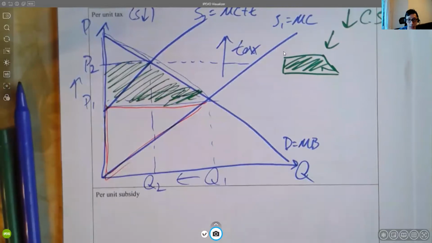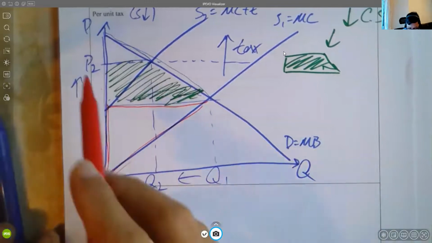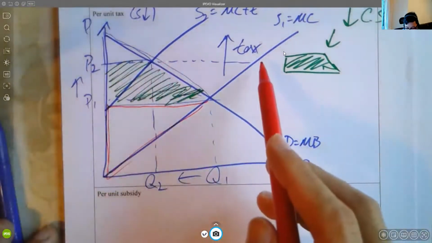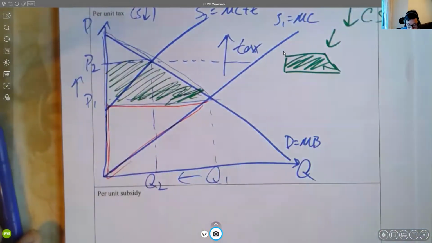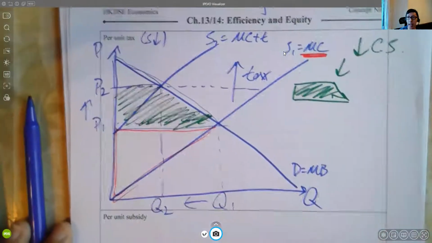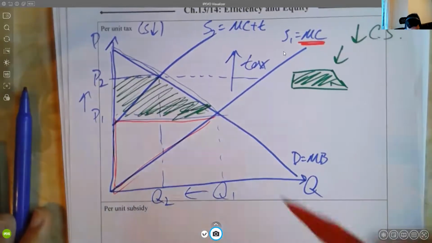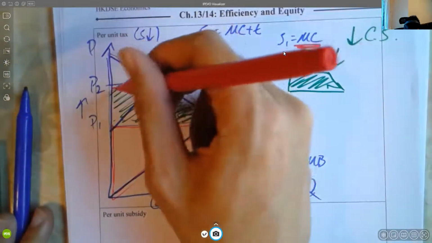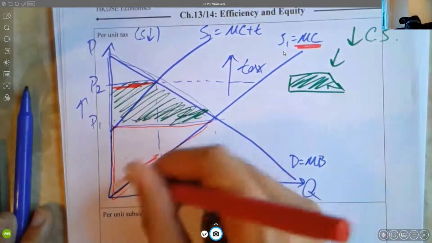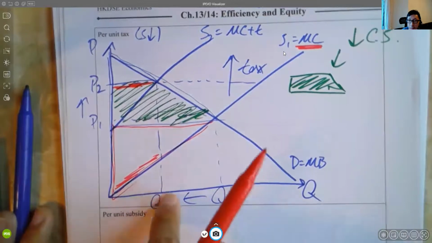Now the new producer surplus, remember, is the distance between price and MC. That's why I said MC, not MC plus T. Be careful. Therefore, look, price is right here. MC is right here. And we only go up to Q2.